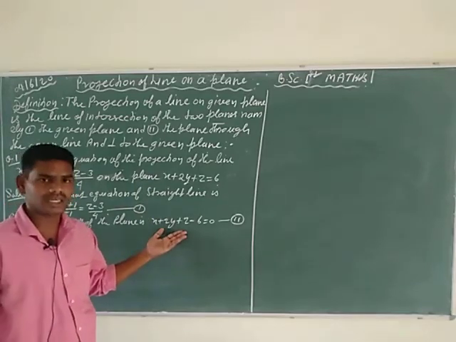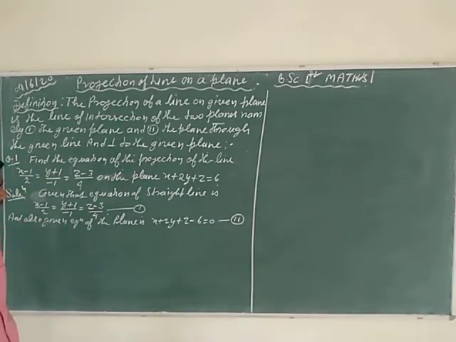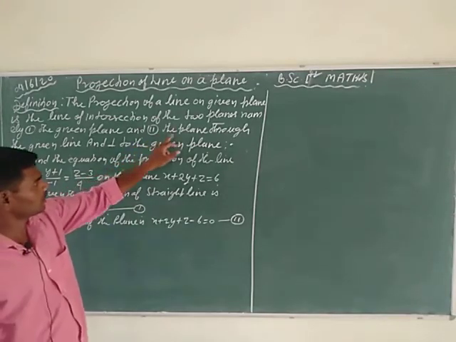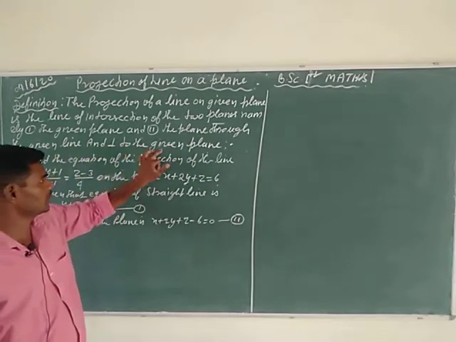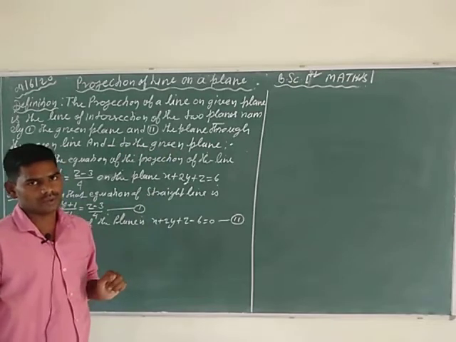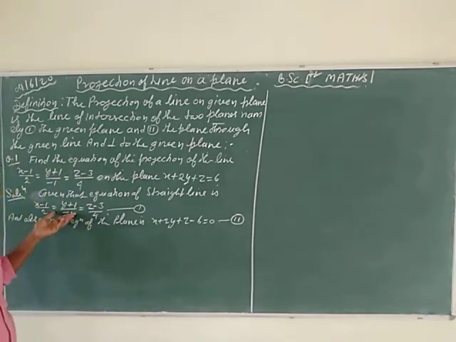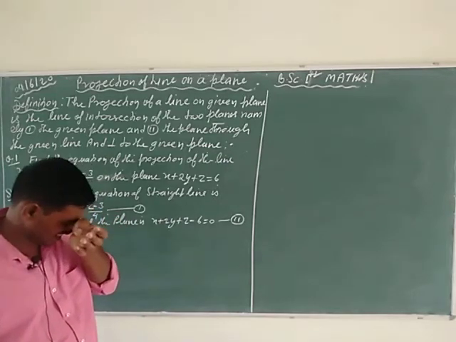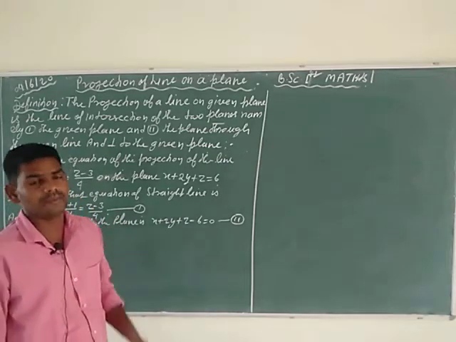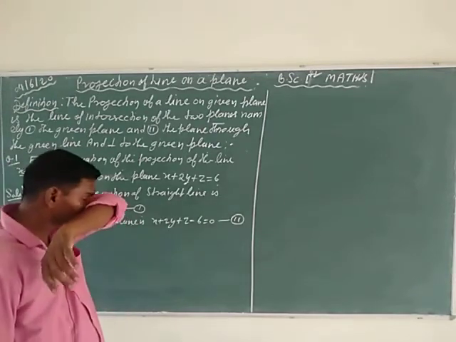This is the first intersecting plane, and we calculate the second intersecting plane, that is, the plane through the given line and perpendicular to the given plane. Okay. So write the equation of the plane which passes through the given straight line and is perpendicular to the given plane. Applying this condition, you can find the complete equation of the second intersecting plane.